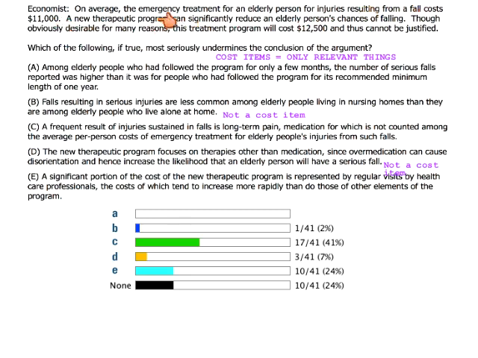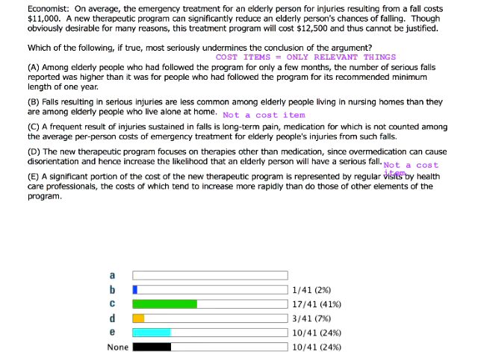For each fall, it's $11,000 in the emergency room, and it's $12,500 in this program. That's per fall, so it doesn't matter how often or not often people fall, because you can still compare the numbers. So we've got C and E. One of these goes the right way, and one of them goes the opposite of the right way.